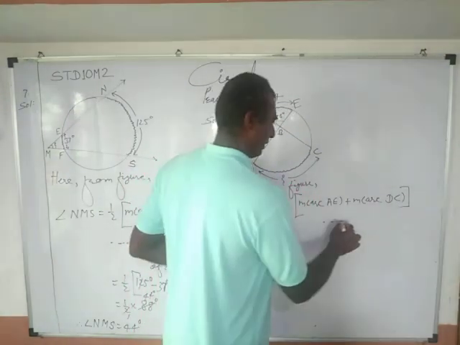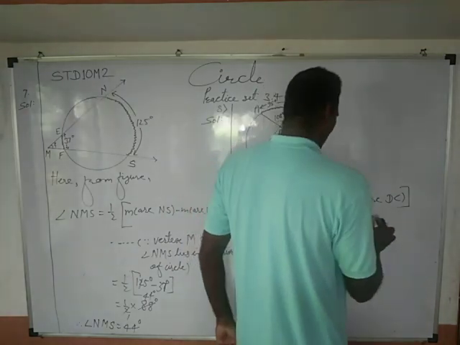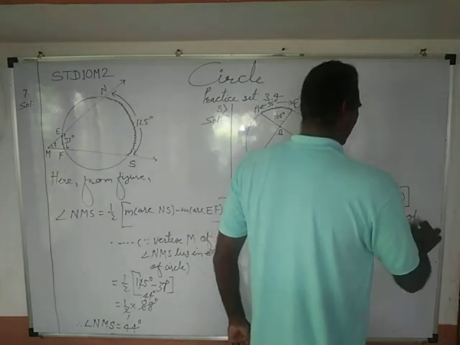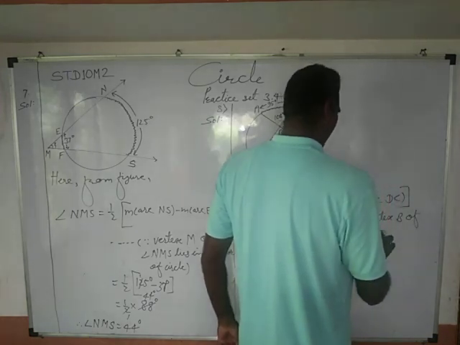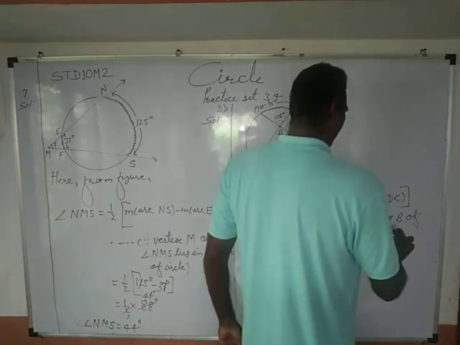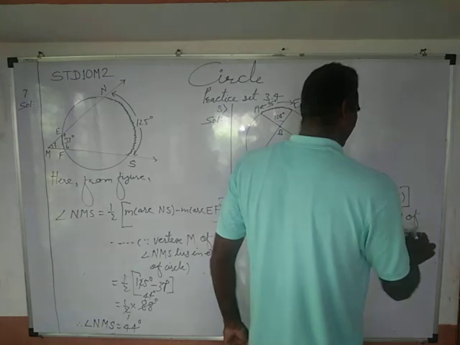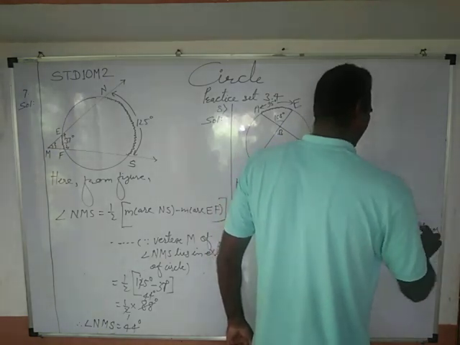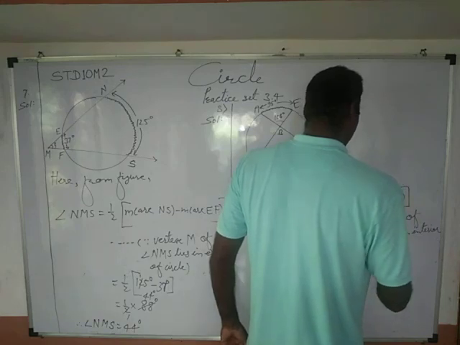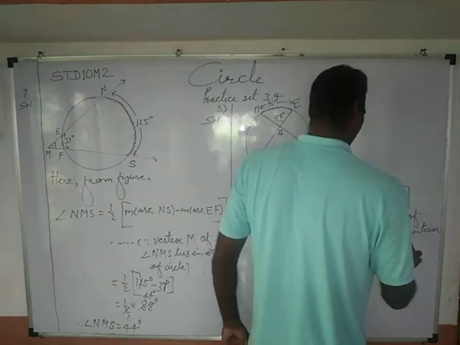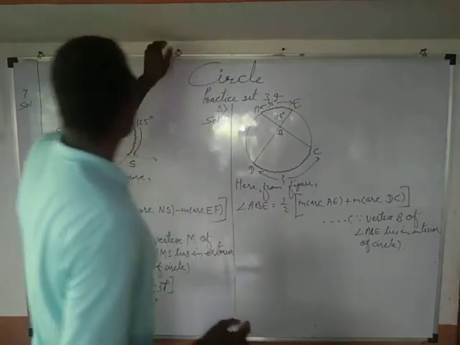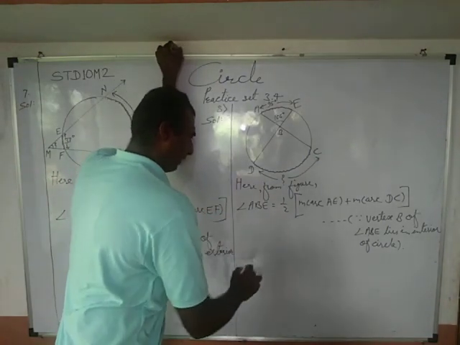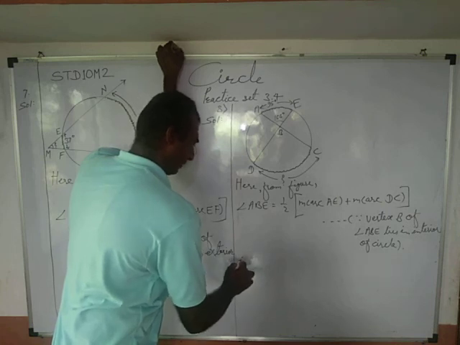Okay, since vertex B of angle ABE lies in the interior of the circle. Okay. Now let's put those values which we know. We know angle ABE has measure 108 degree.